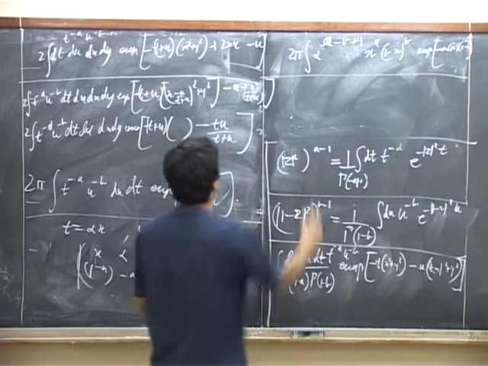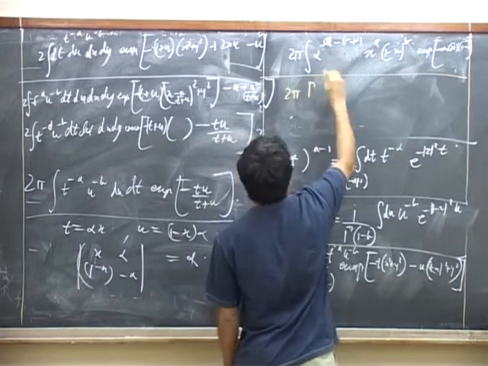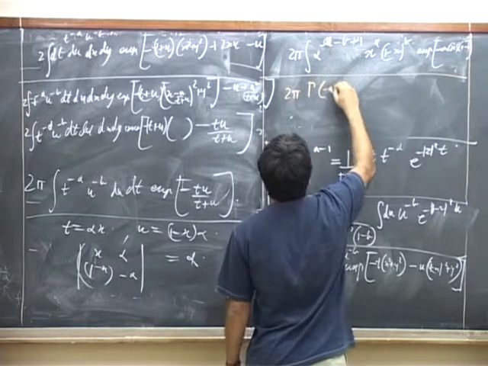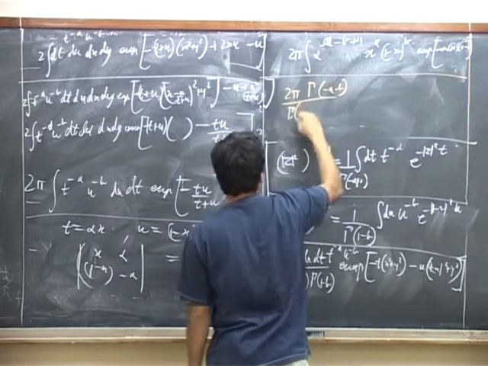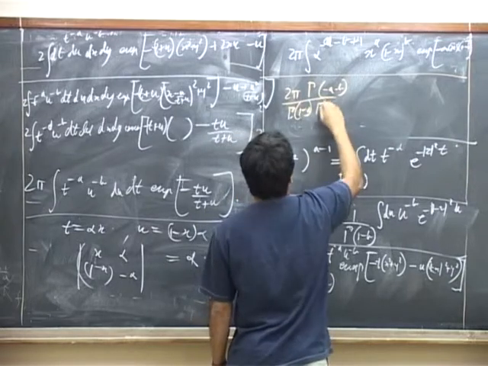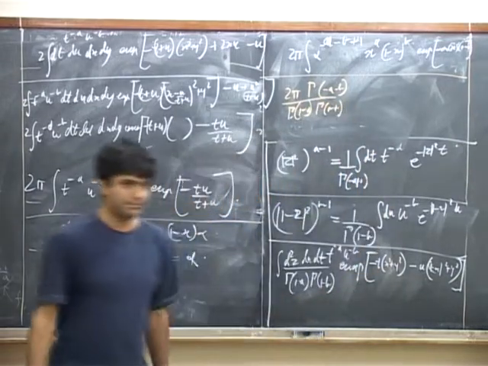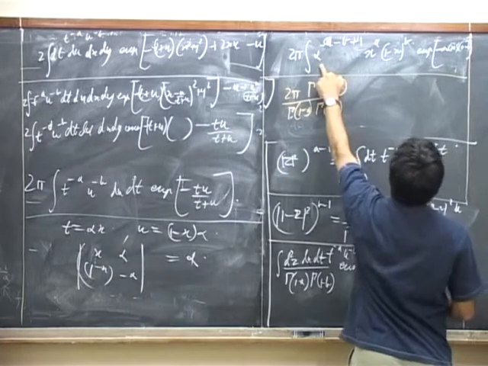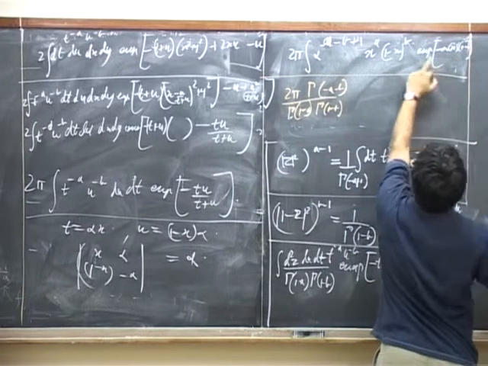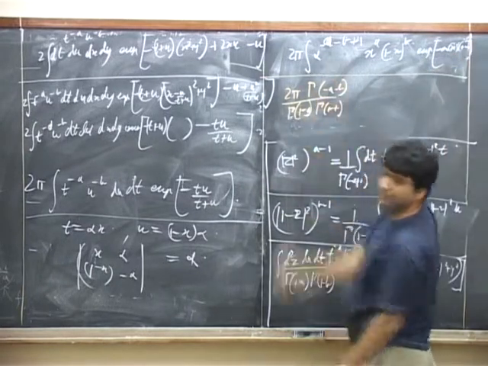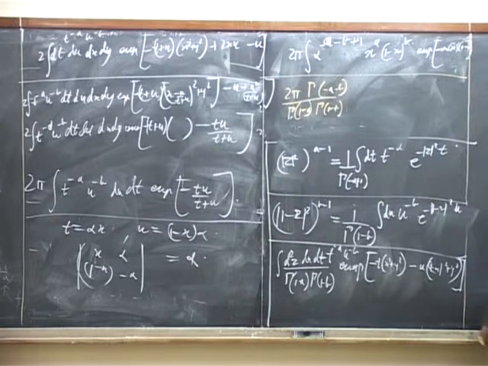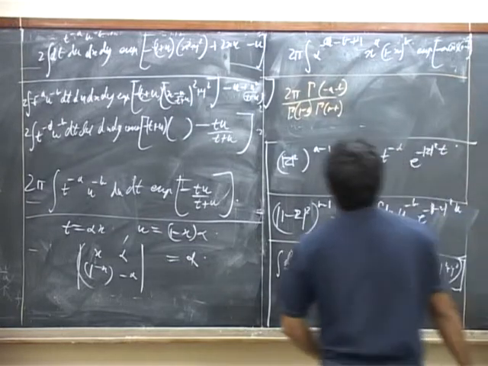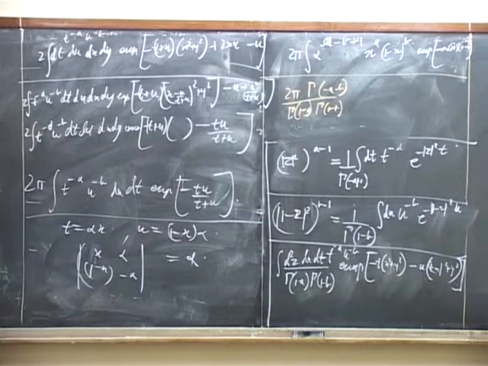So we have 2 pi, gamma of minus a minus b over gamma of 1 minus a into gamma of 1 minus b, times a factor of x into 1 minus x to a power.